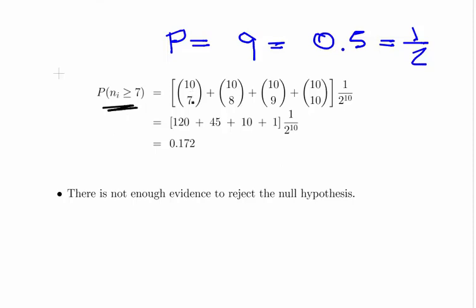So 10 choose 7 plus 10 choose 8 plus 10 choose 9 plus 10 choose 10, times 1 over 2 to the power of 10. Here 10 refers to the 10 students. Working that out, we get 120 plus 45 plus 10 plus 1, times 1 over 2 to the power of 10.